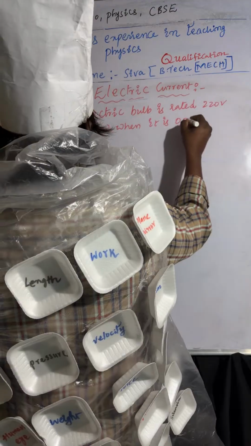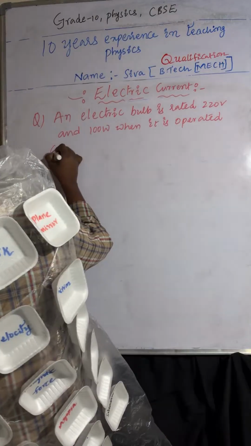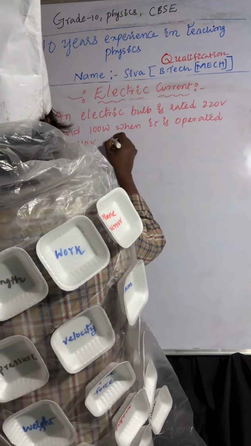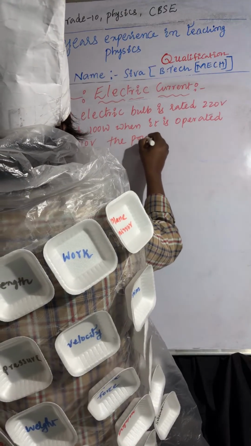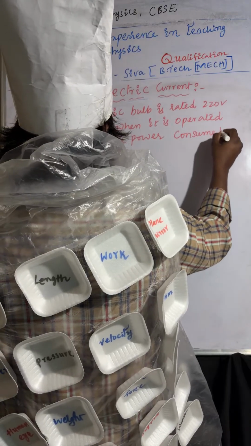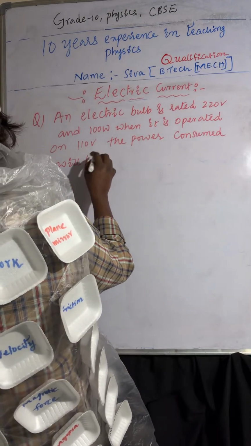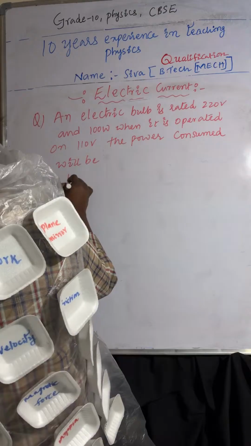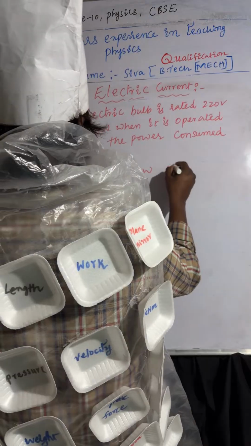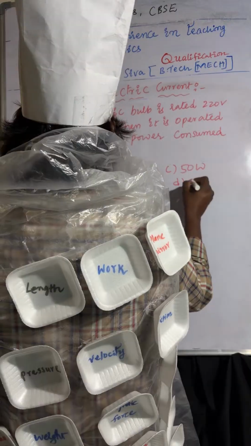When it is operated on 110 volt, the power consumed will be: A is 100 watt, B is 75 watt, C is 50 watt and D is 25 watt.